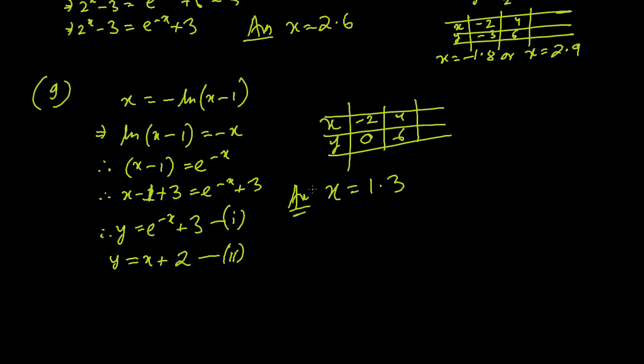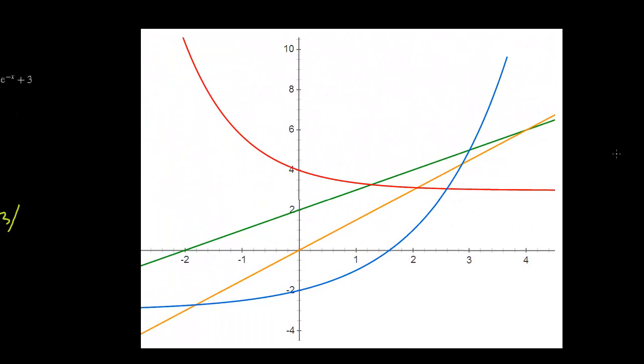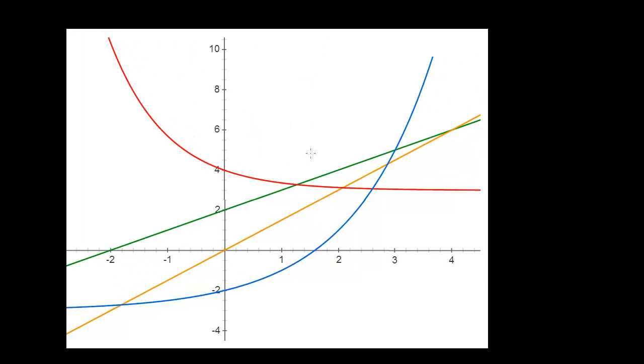I just told you the logic of how this works. So if you had plotted the graph like this, as I have done here, it's a snapshot. What you're looking for is the points of intersection. First is the intersection of the two curves, and you can see that the two curves intersect at somewhere around 2.6.